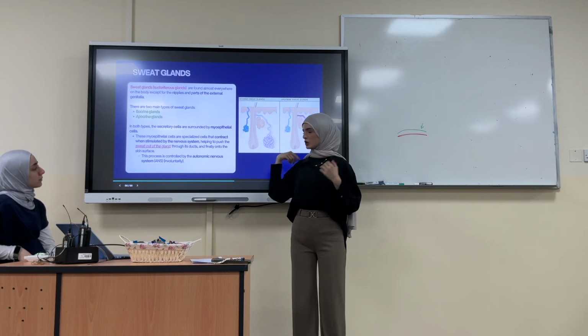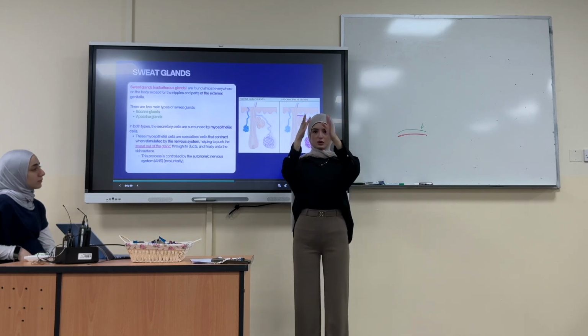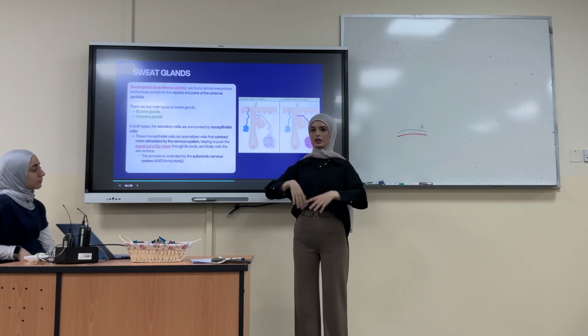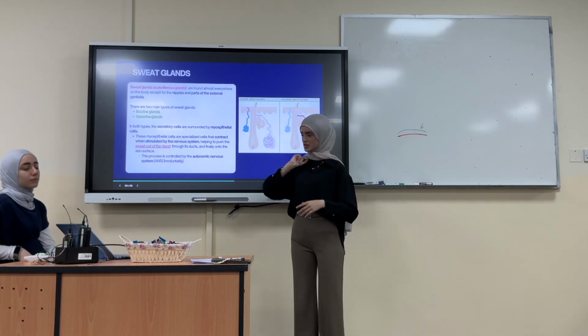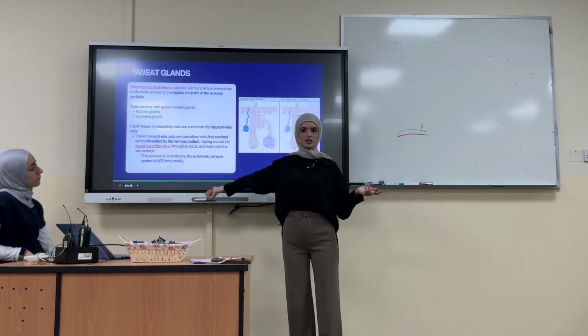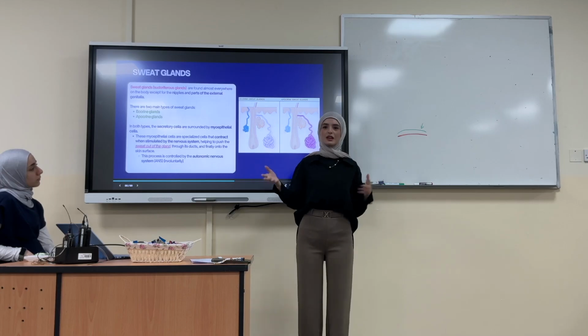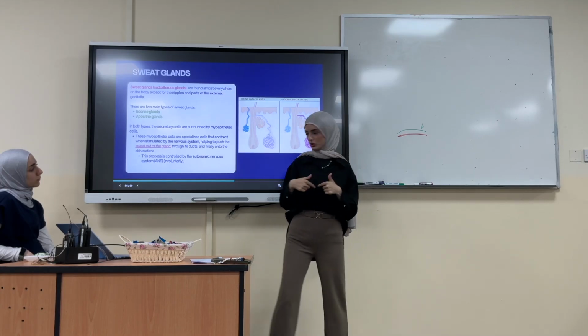They get stimulated by the nervous system to contract. When they contract, they push the sweat out of the gland through its duct and then onto the skin surface. This process is controlled by what? The autonomic nervous system. Obviously, it happens involuntarily. You don't think, well, I need to sweat, and you sweat. It happens without your control.